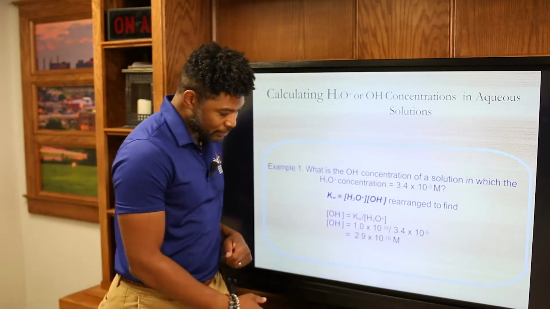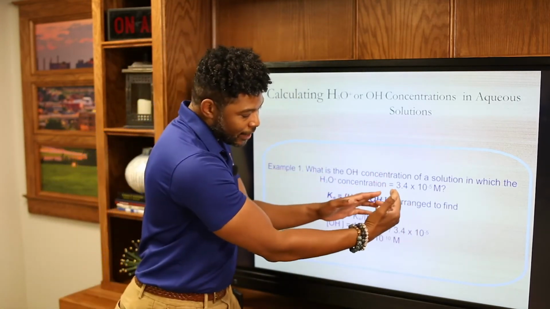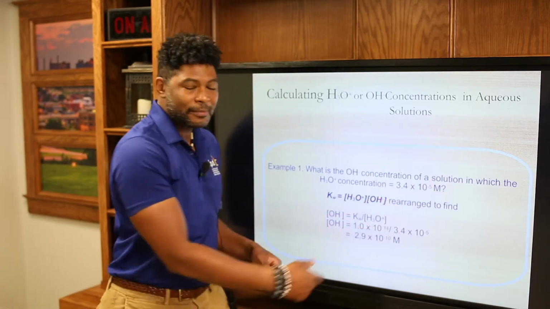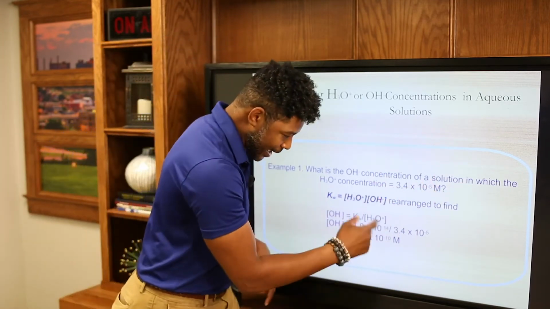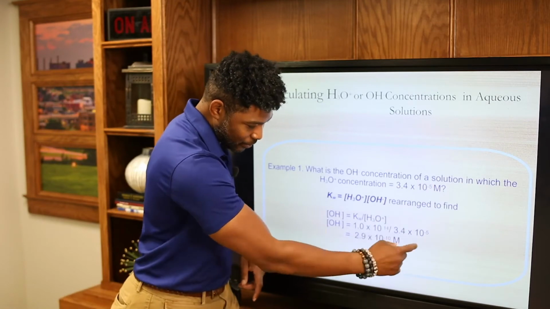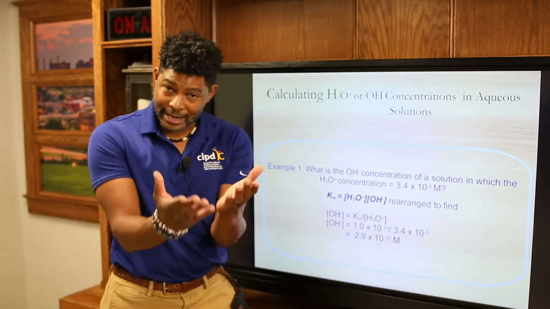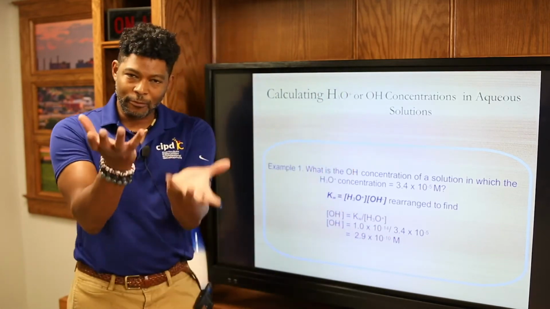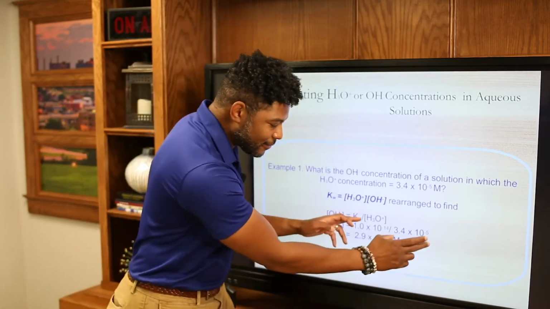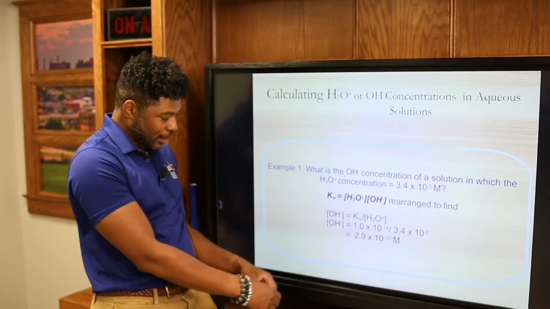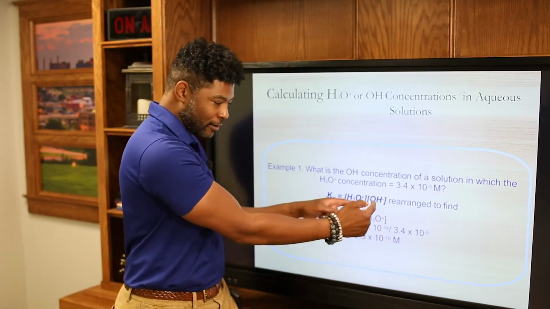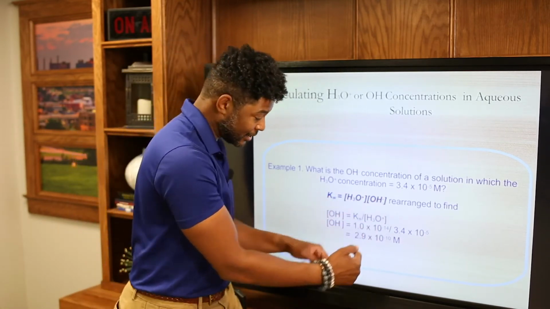So in this case, here's what I'm doing. I said, okay, we have 3.4 times 10 to the minus 5. All right, great, wonderful. That number on this little equation is right here. I know that 10 to the minus 14, that's that magical number that represents water on both sides. If I divide this, that'll give me this quantity or this number on this side, okay?